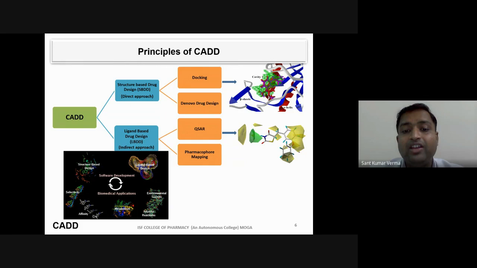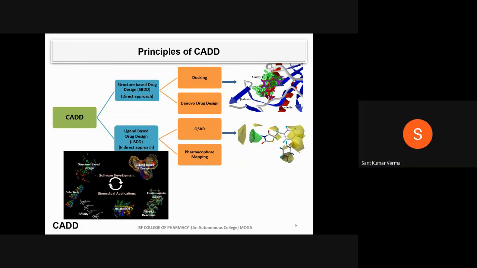This is based on the grid-based approach. We identify the potential or favorable pharmacophoric features of a ligand for a particular biological activity, and on this favorable pharmacophoric feature we can design a library and then synthesize and test in vitro and in vivo and enter into the preclinical trial.